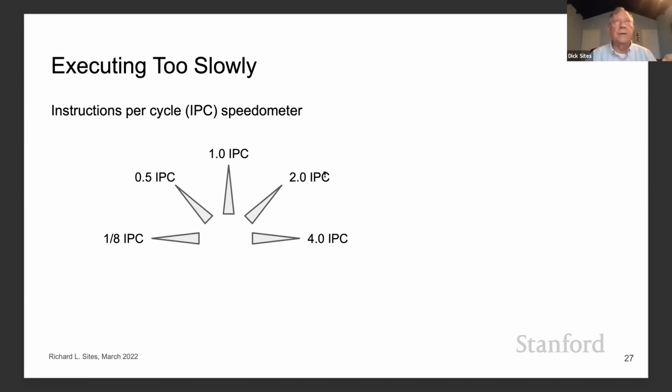At the next transition, I record the timestamp and number of instructions, subtract and divide, and get instructions per cycle. A little speedometer pointing off to the left shows less than an eighth of an instruction per cycle, in other words more than 8 cycles per instruction. Diagonally up to the left is half a cycle. This is 1 cycle, 2 cycles, 4 cycles. It's a sort of logarithmic scale.